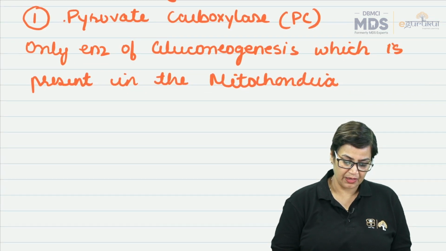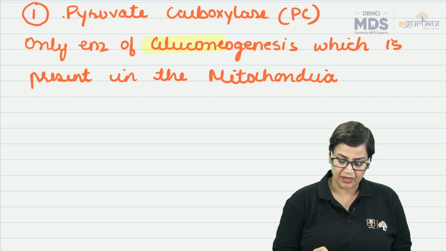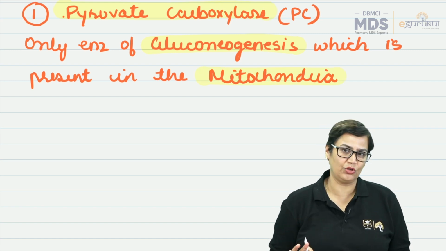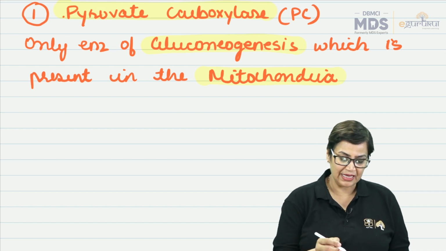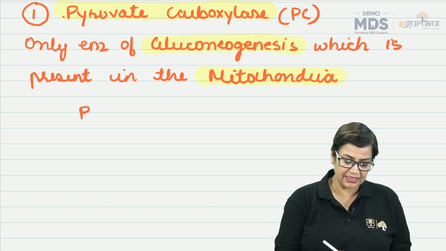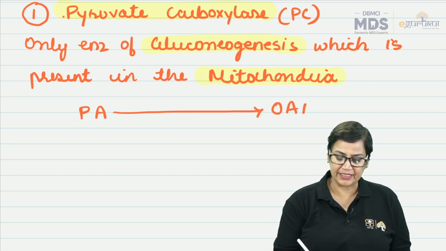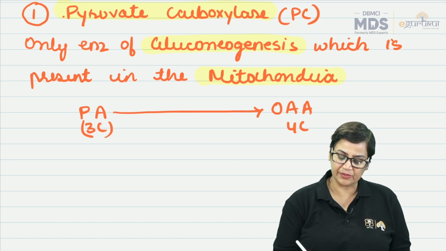ठीक है? This question has been asked in the exam. That is why I have mentioned it again. Only enzyme of gluconeogenesis present in the mitochondria. And all of you know what is gluconeogenesis, so I won't waste time explaining it. We'll just concentrate on this reaction. What happens in this reaction is pyruvic acid is converted into oxaloacetic acid. 3 carbon atoms and it has 4 carbon atoms.